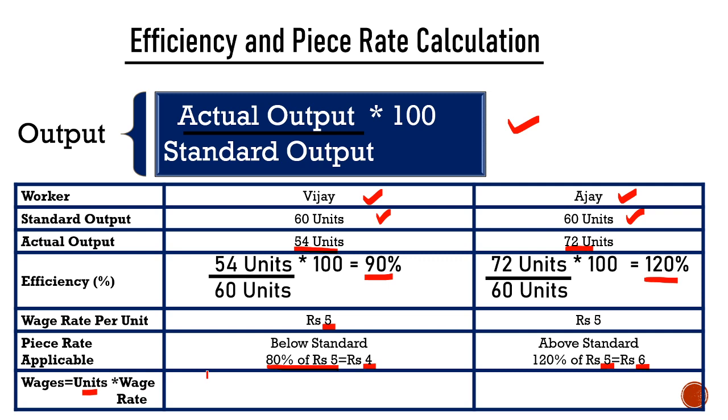So the wages of Vijay is number of units manufactured by Vijay are 54 units and wage rate per unit decided by Taylor plan is 4 rupees. So his total wages under this plan is 216 rupees, and in case of Ajay, he manufactured 72 units and wage rate per unit is 6 rupees. So his total wages under this plan is 432 rupees.